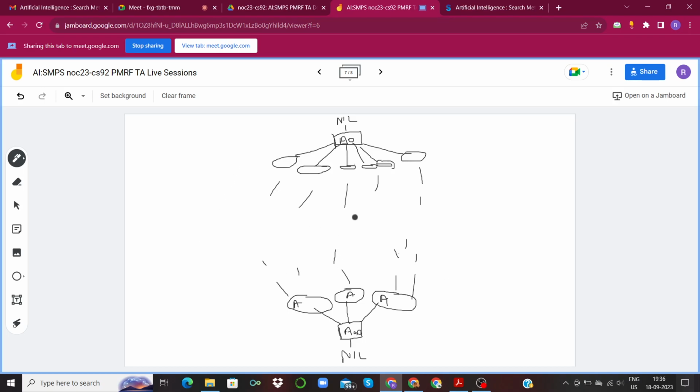But there is one aspect that we need to be concerned about in this case. Before going to that, I'll tell you one term, which is open goals. An open goal would be any goal which does not have any causal link coming into it. Now what would be a causal link?